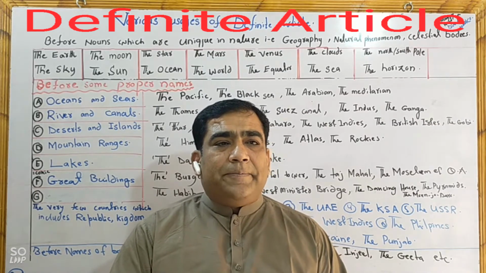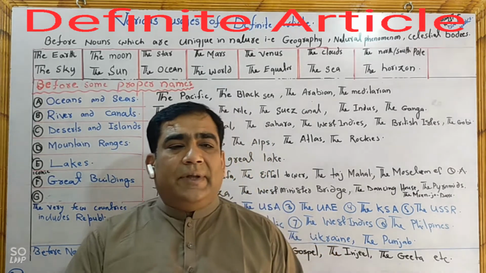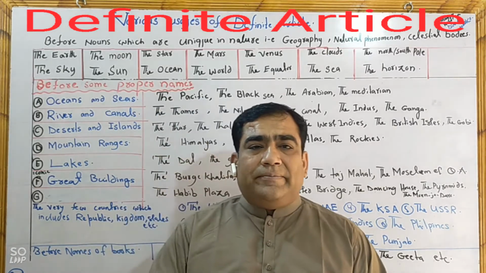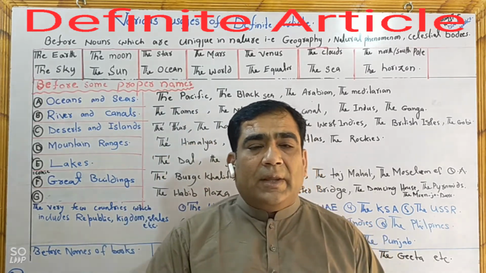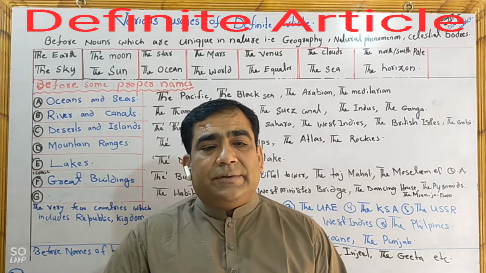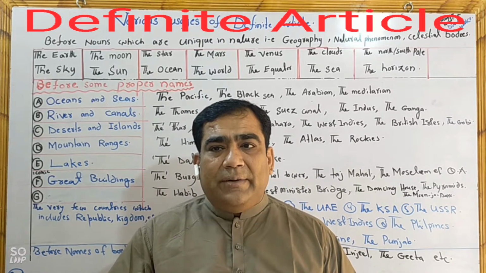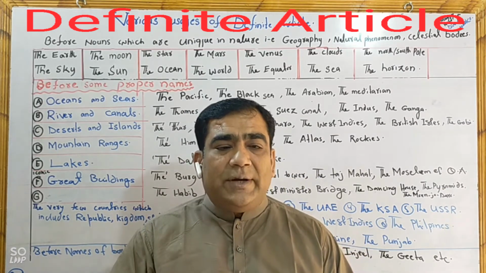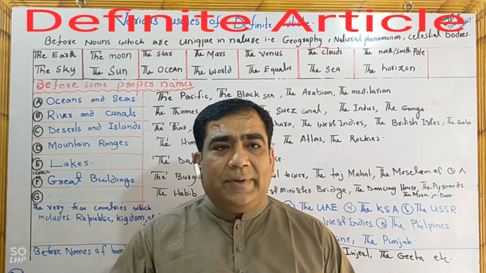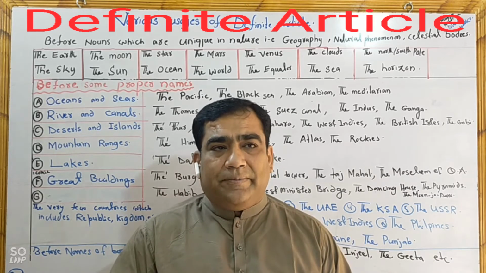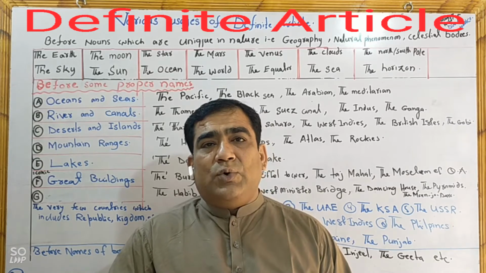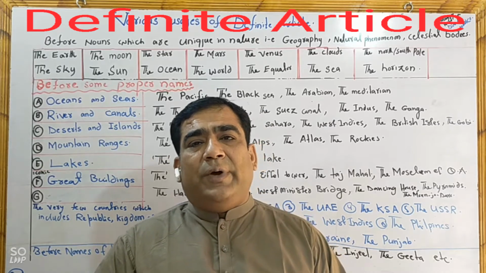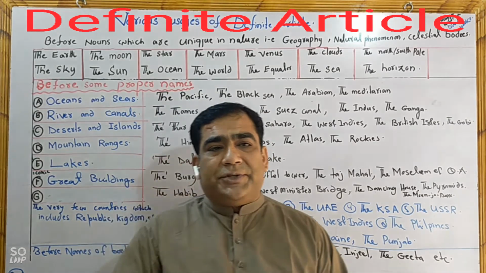Today, we have the definite article "the". The is used with singular as well as plural, countable and uncountable nouns. The is one of the most common, frequent words in English.